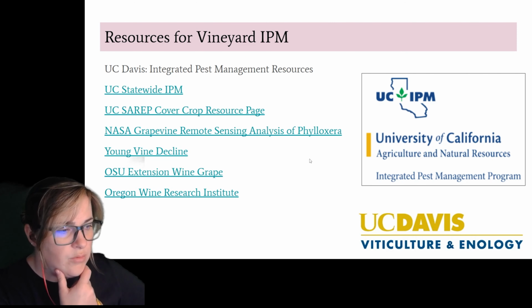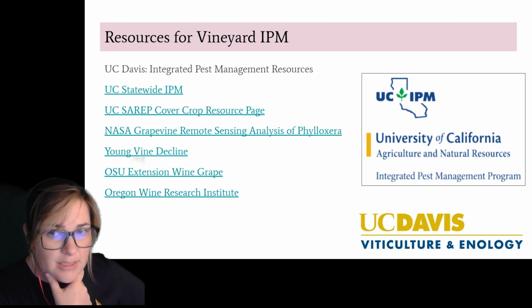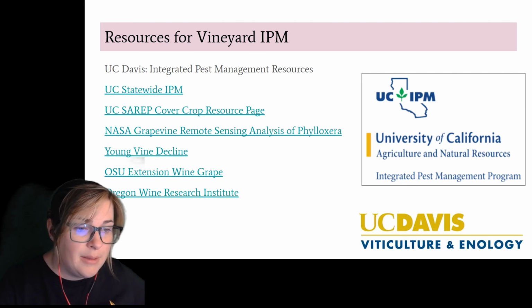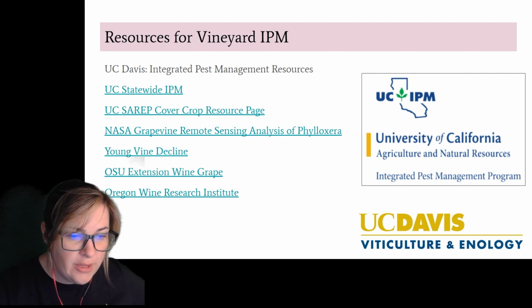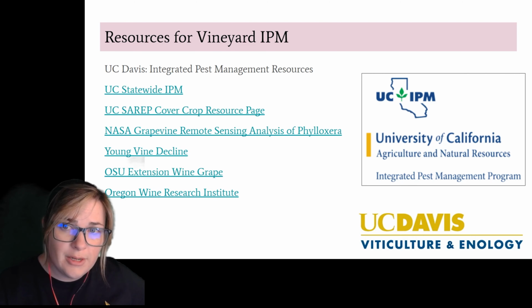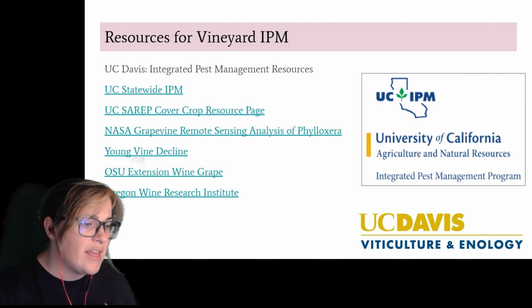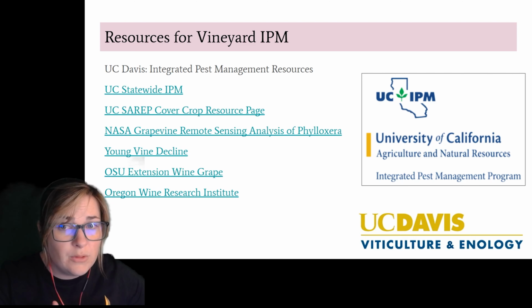I would like you to be able to give recommendations. I'd like you to be able to say UC IPM, University of California Integrated Pest Management Program, is a site that anyone can access. So being able to know that that site exists and recommend it to other people is huge.